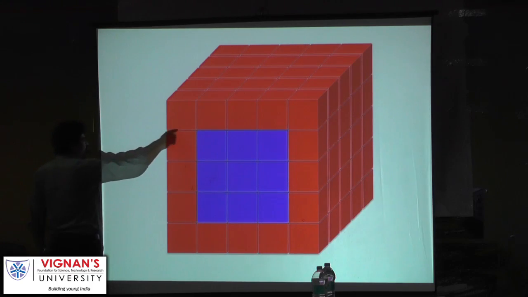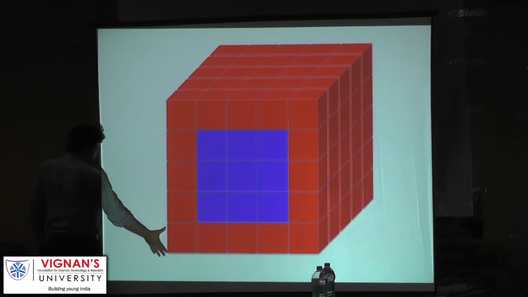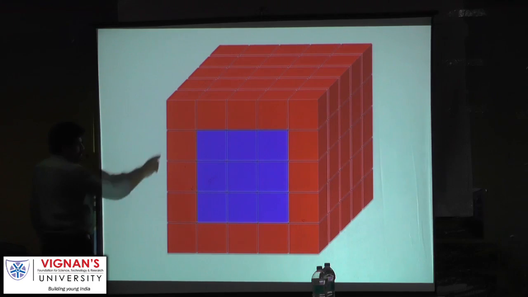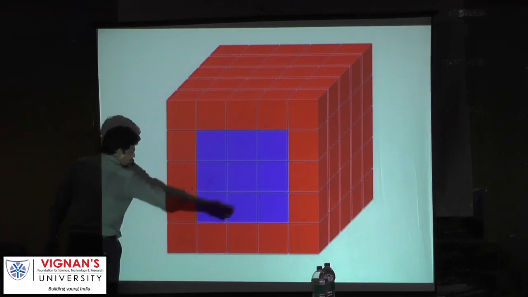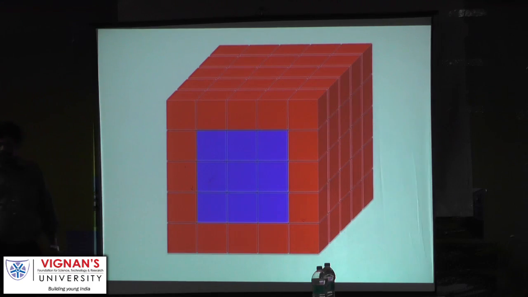We are excluding one row here and one more here. So we are considering only n minus 2. Similarly, in this dimension also we are considering n minus 2. N minus 2 into n minus 2, n minus 2 whole square on one face, into 6 will give you the number of cubes with one surface painted. So it is 6 into n minus 2 whole square.